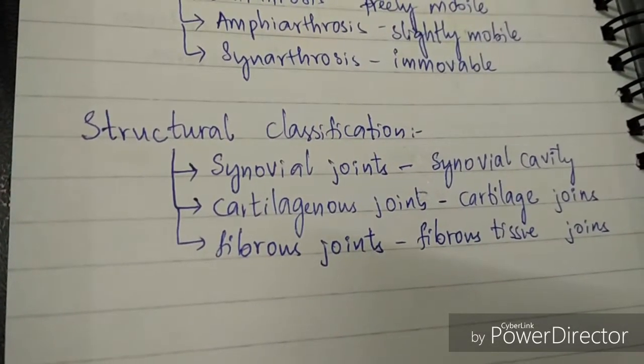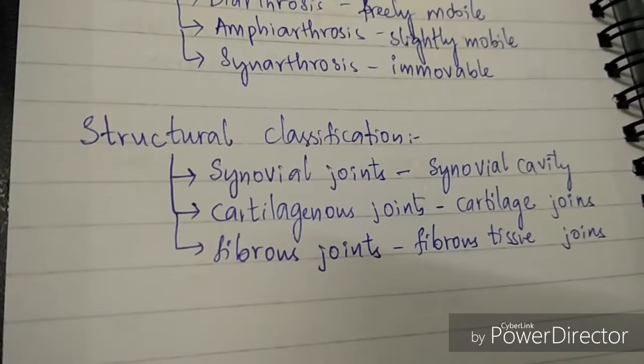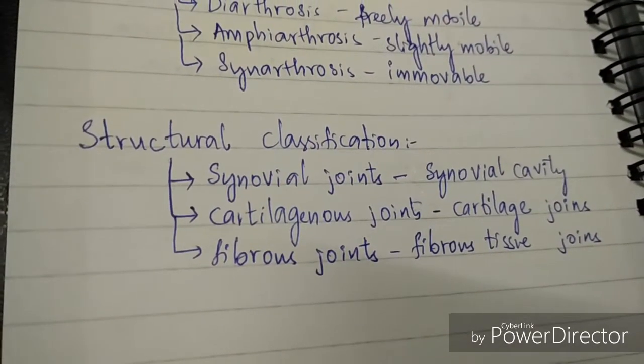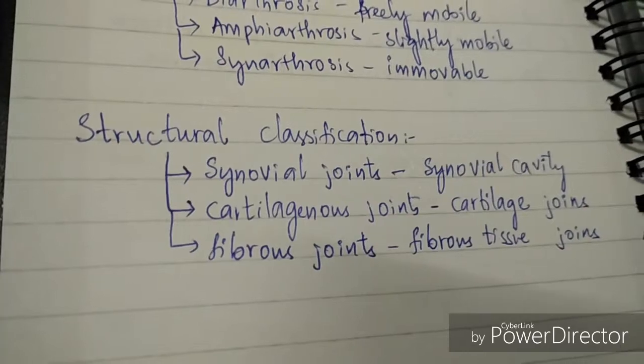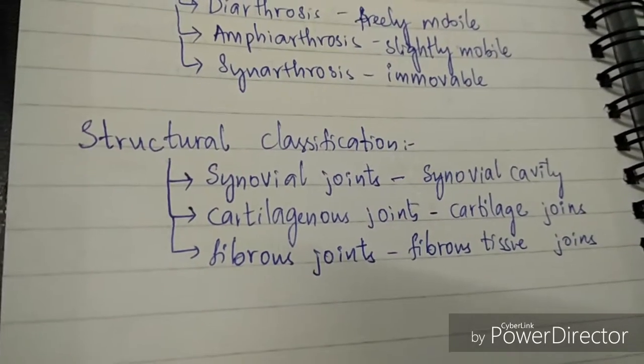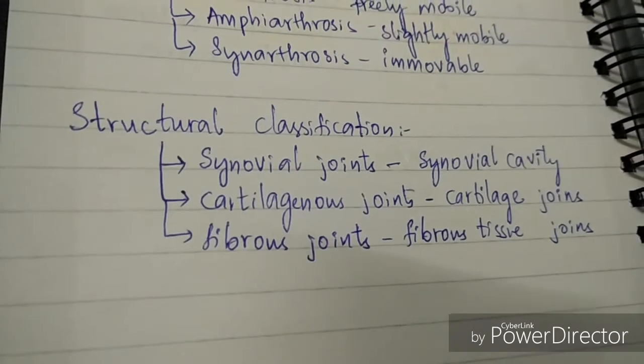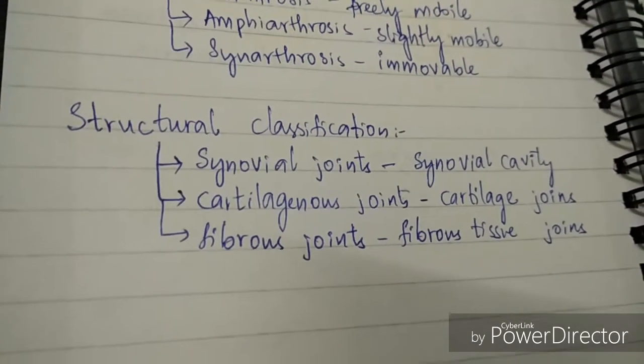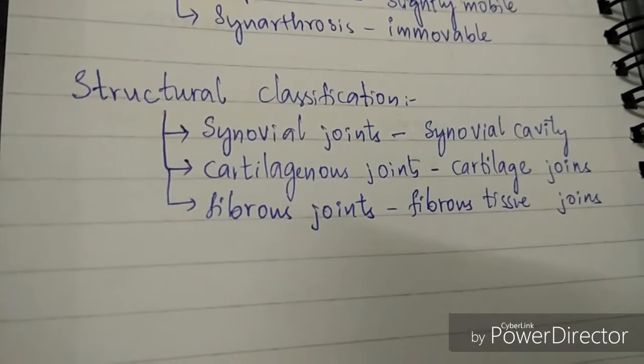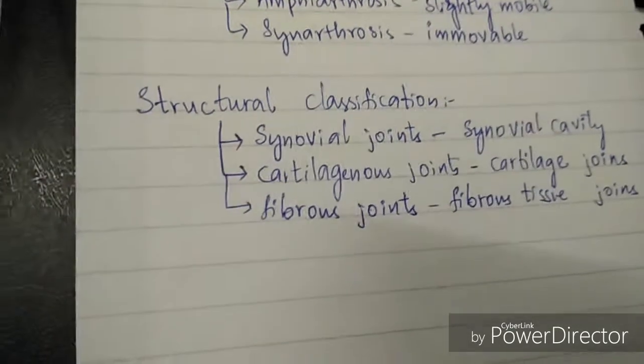Synovial joints are characterized by a synovial cavity. In cartilaginous joints, the ends of bones are connected by cartilage. And in fibrous joints, fibrous tissue joins the bones.